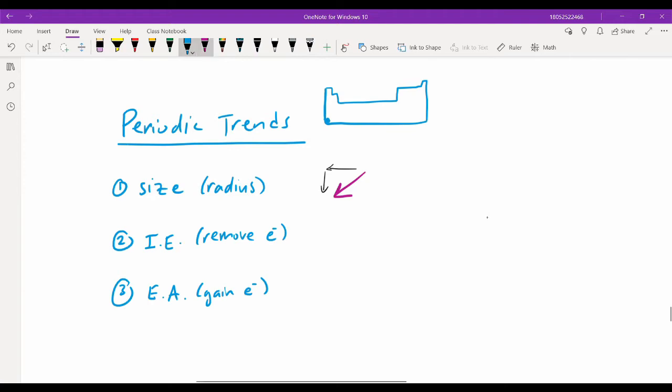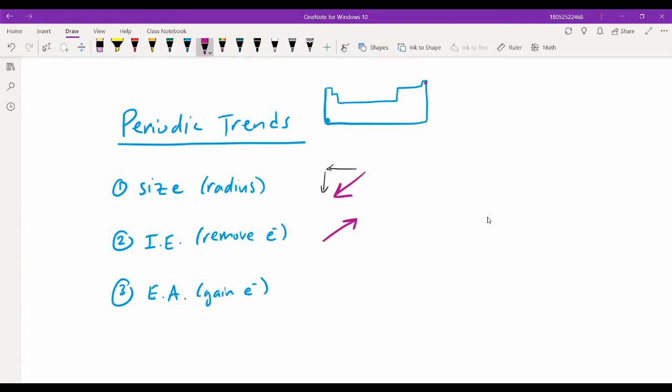So the ionization energy, which you would want to remember is the energy to remove an electron, goes the other way. So francium down here on the left would have a low ionization energy, and going up towards helium in this corner, that would be the highest ionization energy.